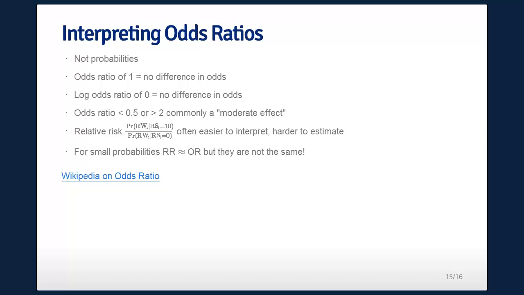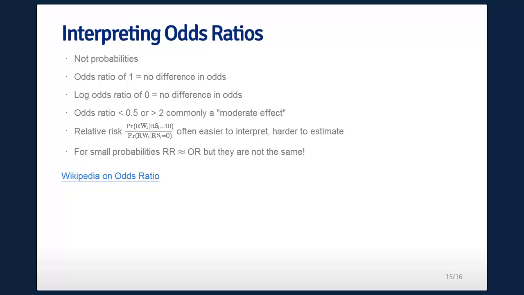We can't actually intuitively think of probability, when there have been lots of studies that show that people misrepresent probabilities in their heads, and they're incoherent, right? They don't think the probability of the opposite of something is 1 minus the probability. So people have a hard time interpreting probabilities, and they have an equivalently hard time interpreting odds.